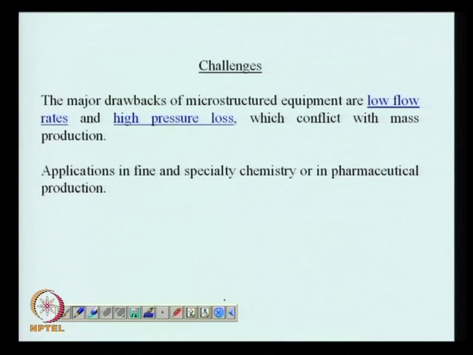Since we cannot make large quantities of something in such devices, the materials which are fit for production in such devices would be fine and specialty chemicals, which are otherwise difficult to make, where there are other problems, where the reaction is highly exothermic, where there are undesirable side reactions which need to be curtailed.